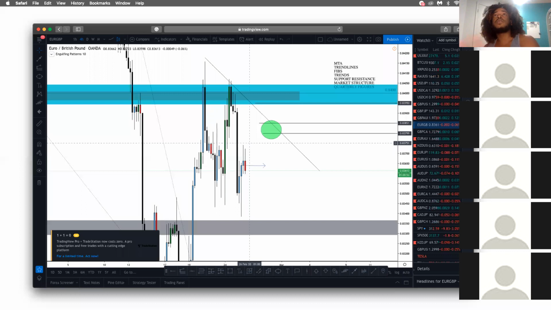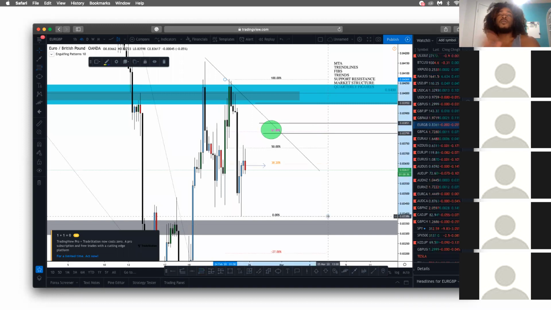So, okay, we have the trend lines, we have the support and resistance, and now we have the quarterly level. So what we're gonna do, we will just add a Fibonacci to this, right? So now we have 3 reasons to enter on this zone.